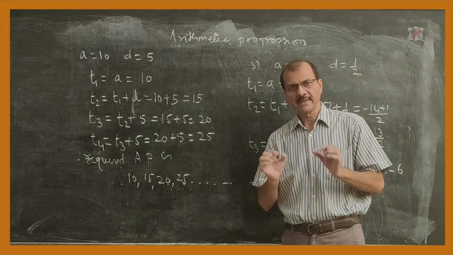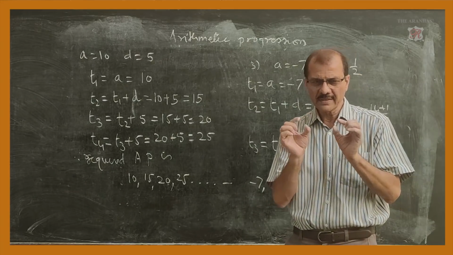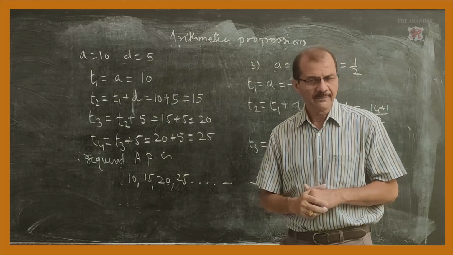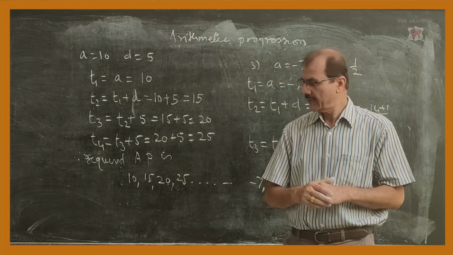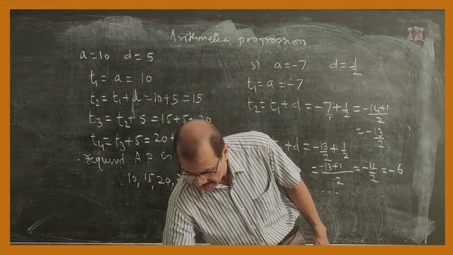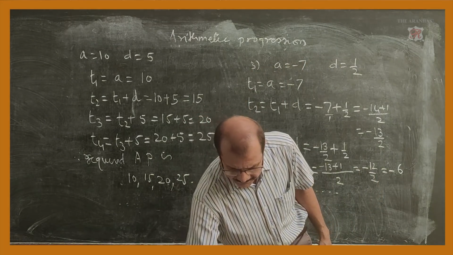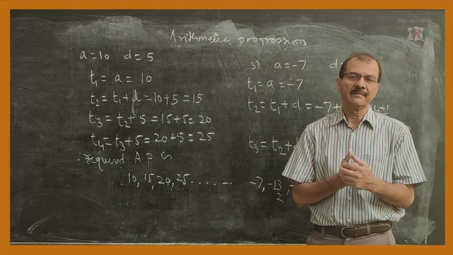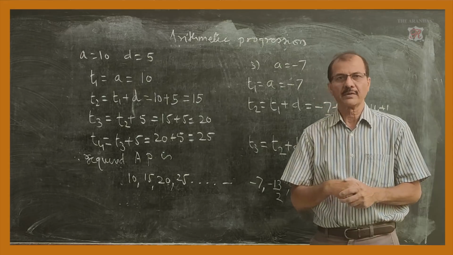To check whether it is an arithmetic progression, you see the difference between two consecutive terms, and if that is constant, you say it is an arithmetic progression. And then we have seen some examples. In the next class, I will solve more sums on this, and also we will see the end term of the arithmetic progression. Thank you.